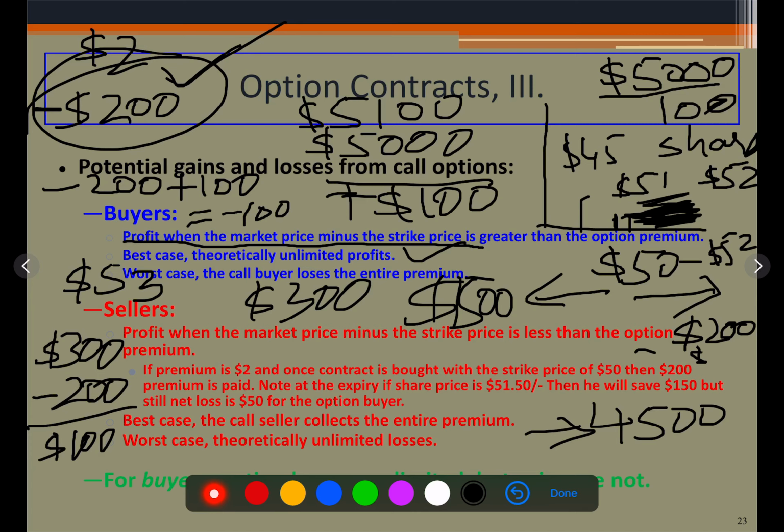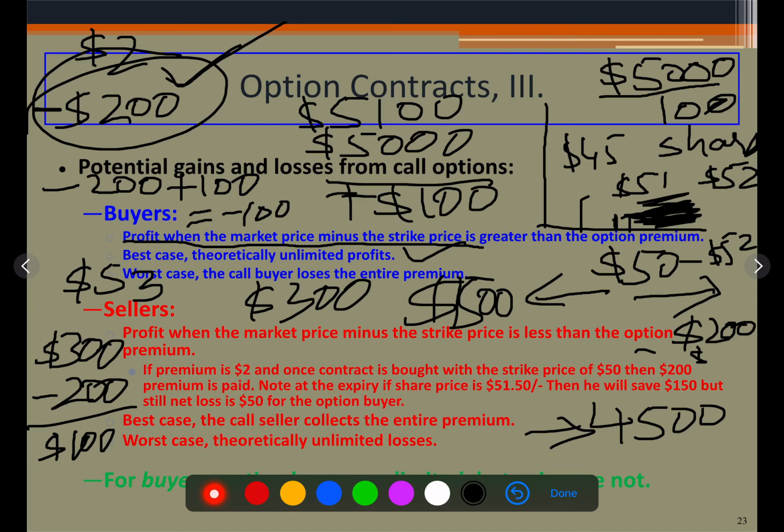But the thing is that in the option market, and in the derivative market overall, futures and even forwards, most of the participants are speculators. So what is happening over here is that the seller of the option contract and the buyer of the option contract are taking opposite positions. The seller of the call option contract is thinking that this stock will not be above $50.